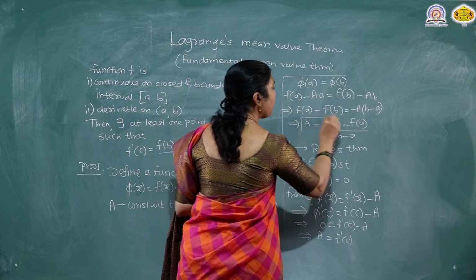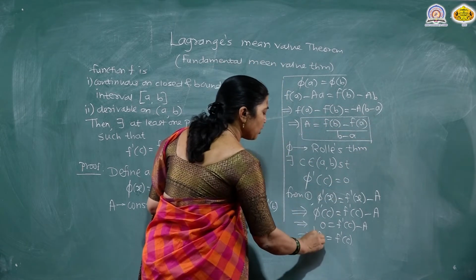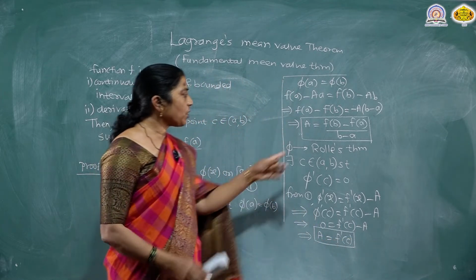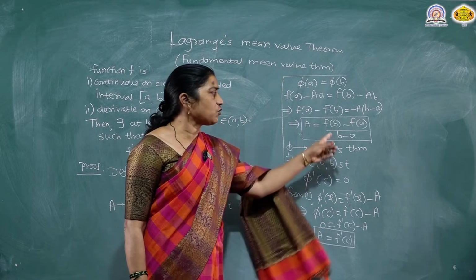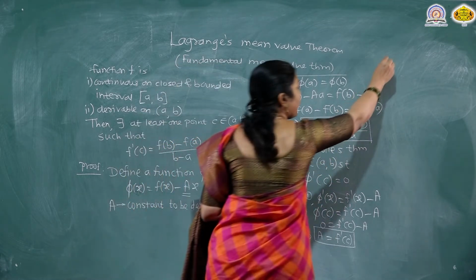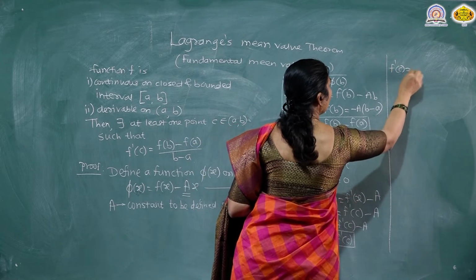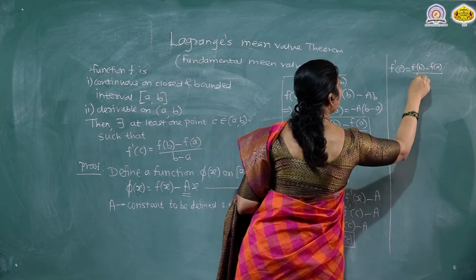Observe, we get the value of A to be (f(b) minus f(a)) upon (b minus a), and we also have the value of A to be f'(c). So comparing both these equations, we get f'(c) is equal to (f(b) minus f(a)) upon (b minus a). That completes the proof of the theorem.